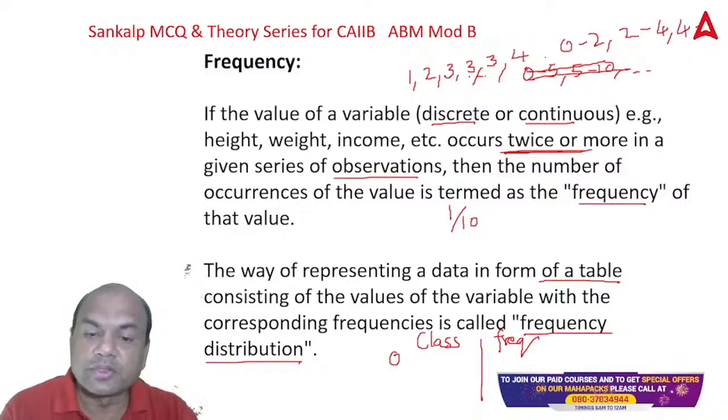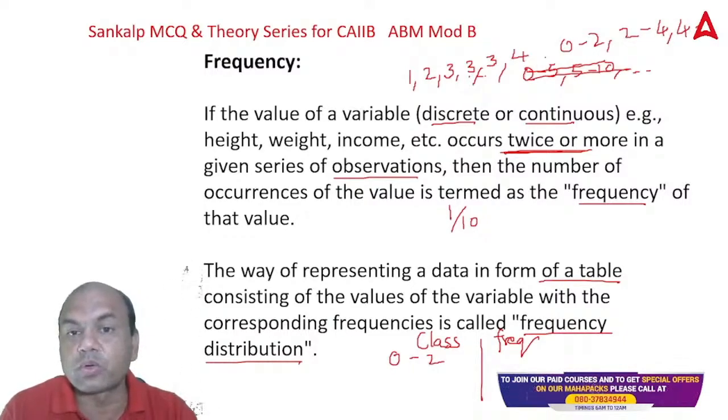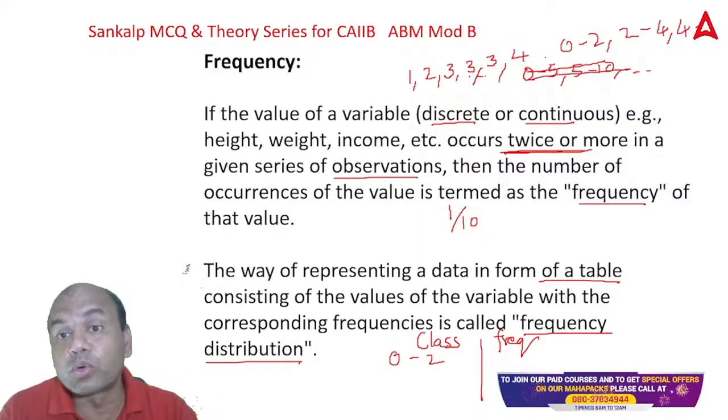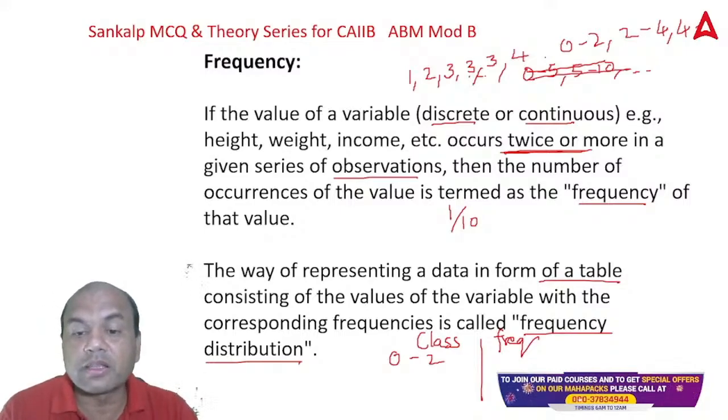So 0 to 2, how many are there from 0 to 2? Now remember, will 2 be considered in this? No, 2 will be in the next class. 0 to 2 means less than 2. So here the frequency is 1 only. Now 2 to 4: starting from 2 over here, then 3, 3, 3, and will 4 be there?